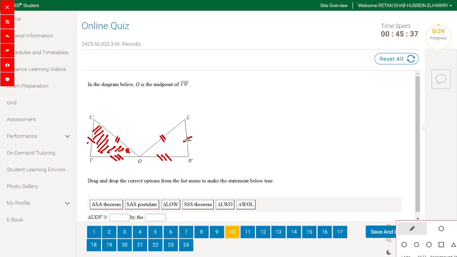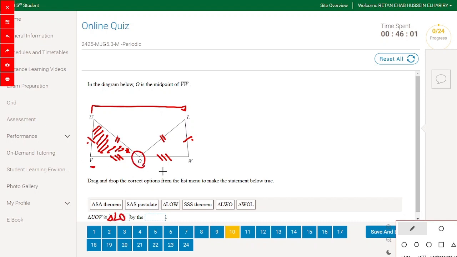I have this side congruent to this side, and this side congruent to this side, and this side congruent to this side. So U is congruent with L, so it will be triangle L. And O will be the same.